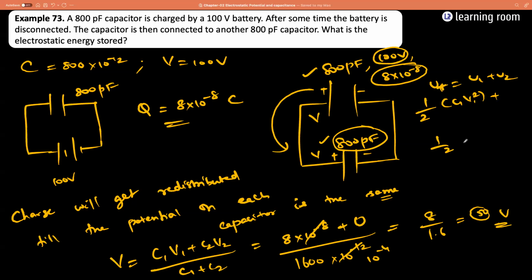So what is the value of U2? Half into C2 into V2 square. If I take that half outside, I can actually take V square also outside because the potential is the same. So what is the value of C1 plus C2? That is going to be 1600 into 10 power minus 12. And in the place of V, you substitute 50 square, and then you calculate the final answer. Tell me how much is it in terms of joule?